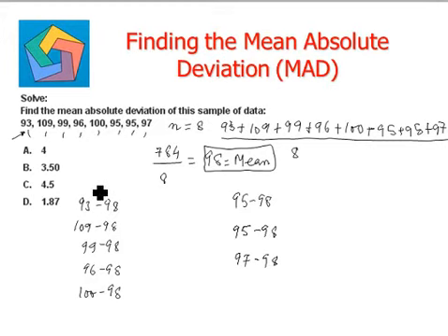This is termed x minus x bar, where x bar is the mean and x is the values of the sample data, and then we'll take the absolute value also.